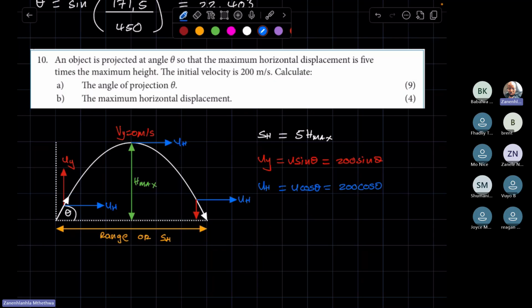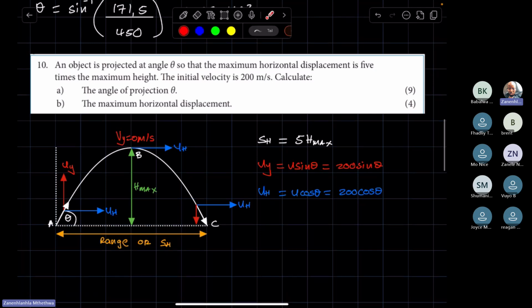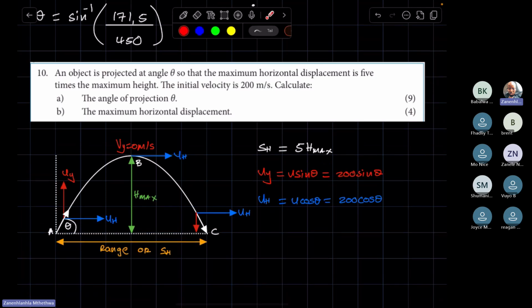That is all we've been given. Then, of course, we can call this point A, call that point B, call this C. Now they're asking us to calculate the angle of projection when the maximum horizontal displacement is 5 times that of the maximum height.